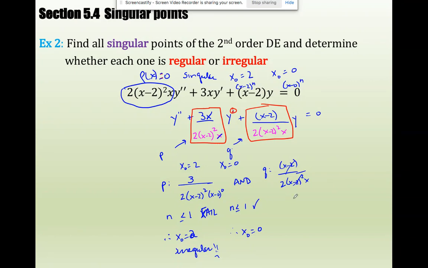But what about 0, right? The x didn't cancel out, but what power is it? And for Q, the power on x needs to be less than or equal to 2. Check. 2 checks for x sub 0 equals 0. Therefore, a regular point.